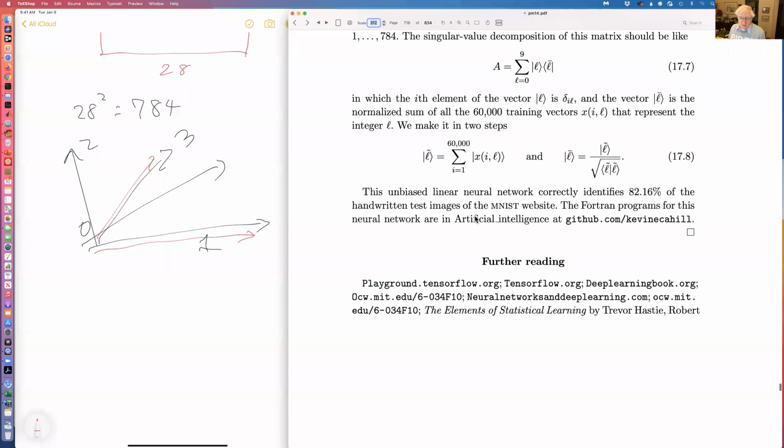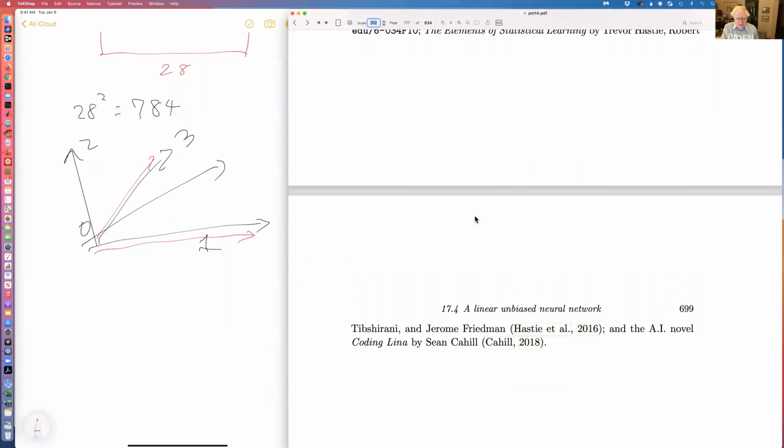Now, is that the best way of analyzing handwriting? I don't know. Presumably there's yet a better way.